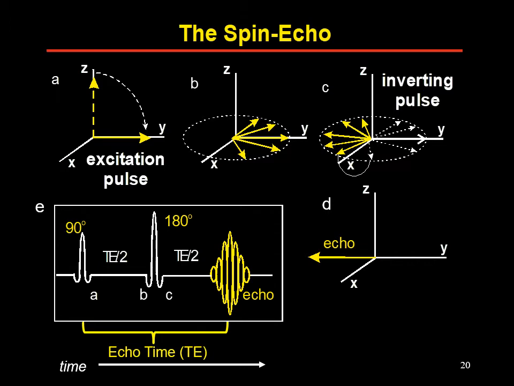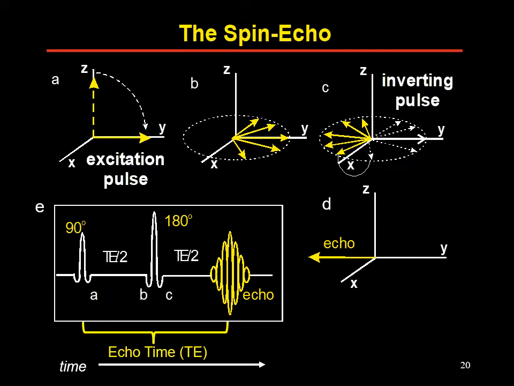At this point, the individual components in that bulk magnetization vector, as shown in B, dephase with respect to one another. In C, an inverting pulse is applied to the entire system, such that the component vectors are flipped to the opposite side of the z-axis.